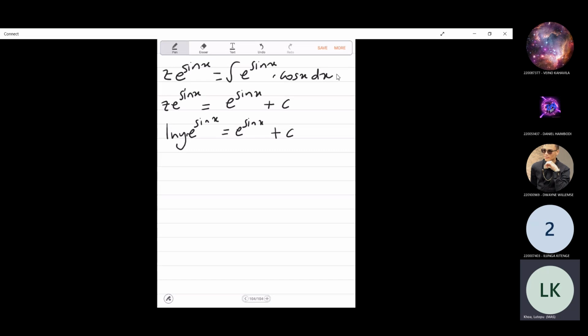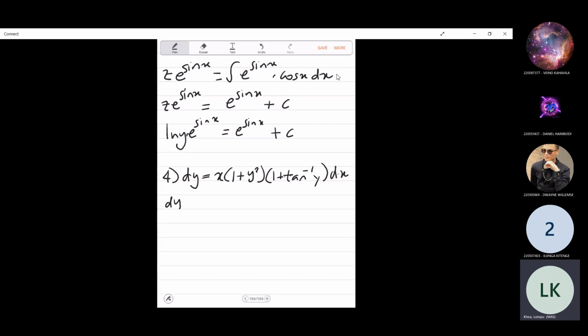Okay, in number 4, we have dy is equal to x times 1 plus y squared, 1 plus tan inverse of y dx. Okay, so we try and rewrite it in standard form.